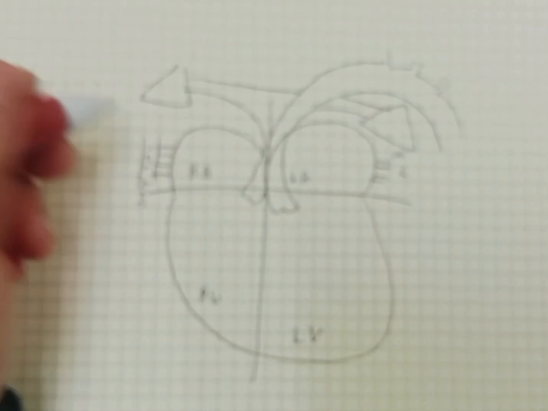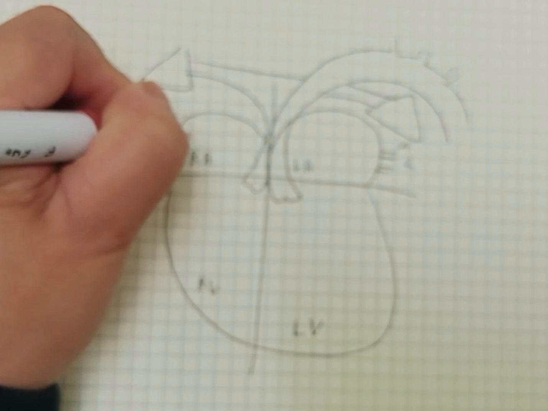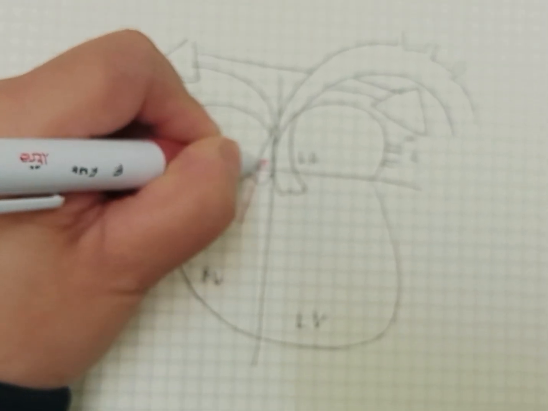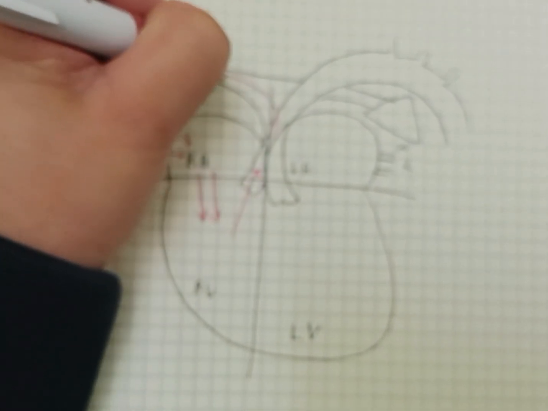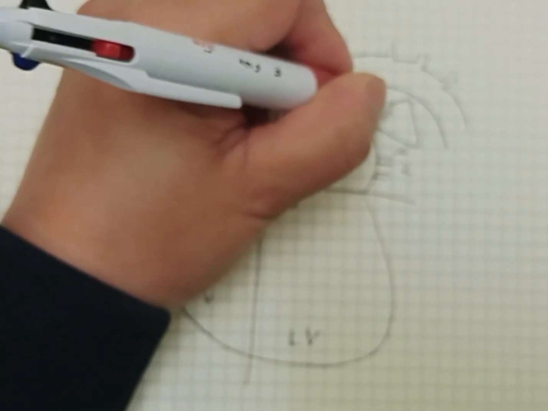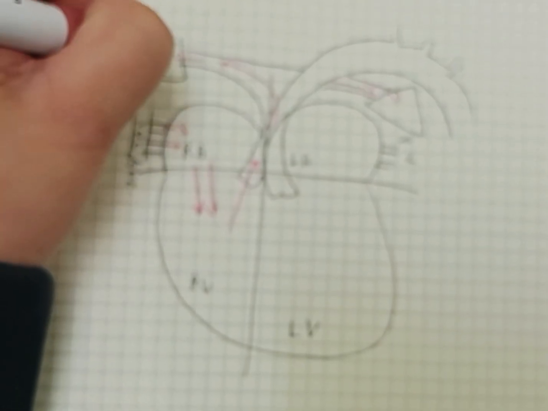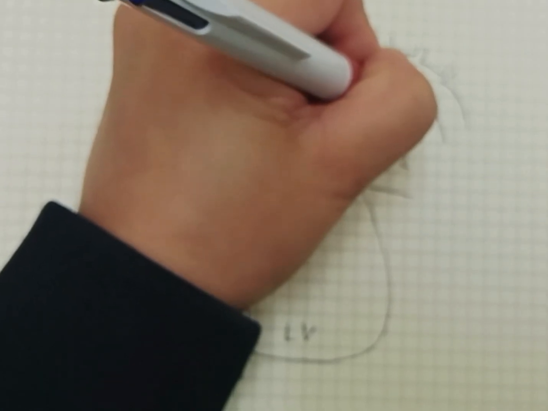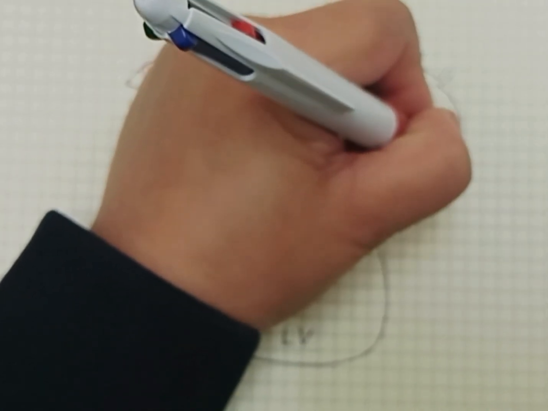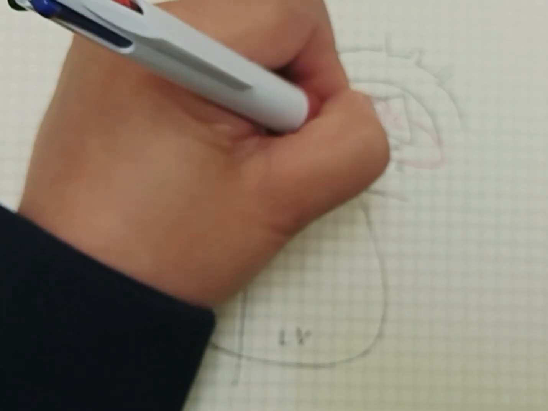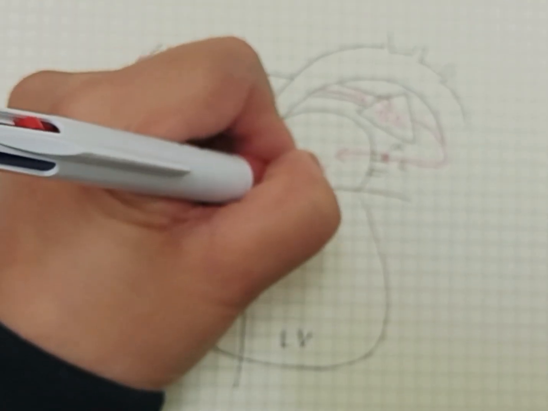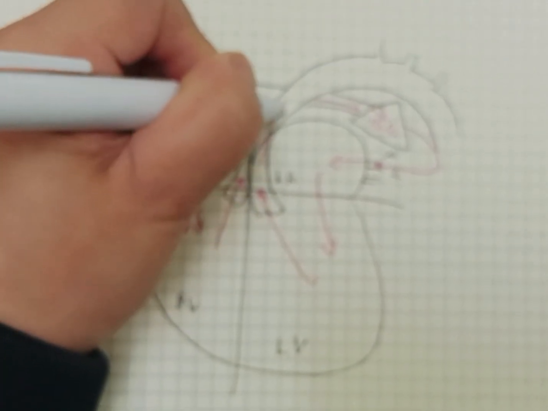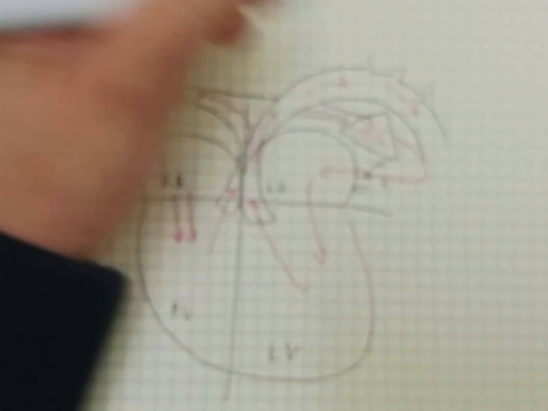So blood from the IVC and SVC goes to the RA, to the RV, and then to the pulmonary artery, where CO2 is exchanged for oxygen. Then from the pulmonary vein to the left atrium, to the left ventricle, and the left ventricle pumps the blood to the aorta.